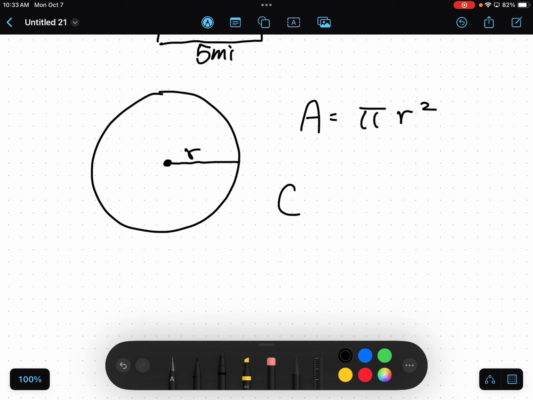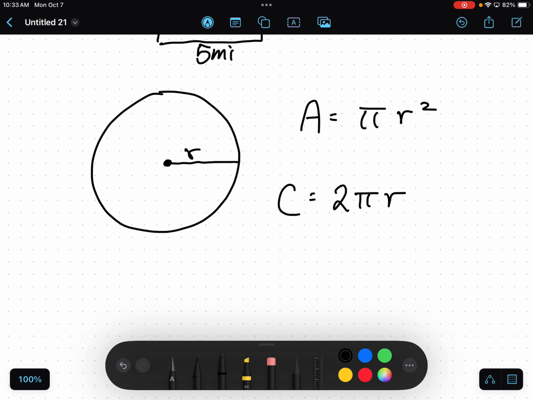Or if we're finding circumference, we're 2 pi r, sorry. What a circumference is, is the distance around. We talked about perimeter already, and we've talked about area of some shapes before, but not all shapes. And so circumference means the distance around. So like if you were to figure out a tire, how much rubber you would need to recap it, you would actually go all the way around and measure that circumference.